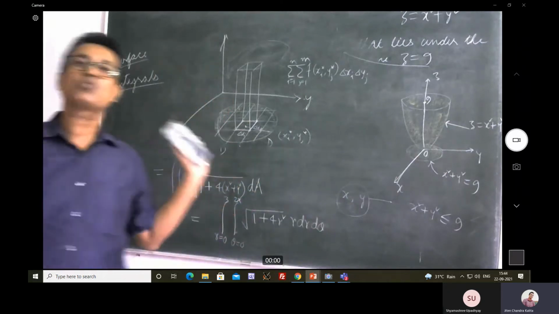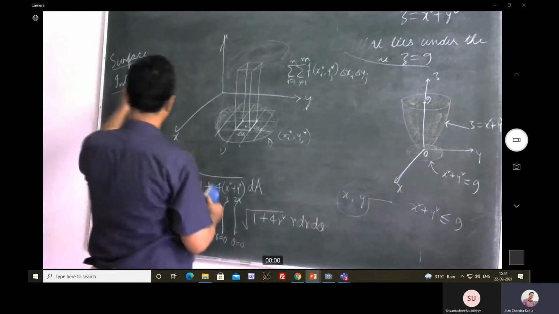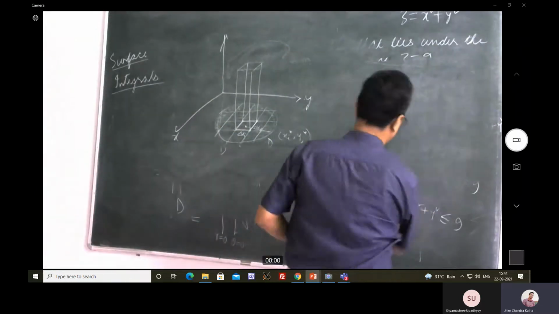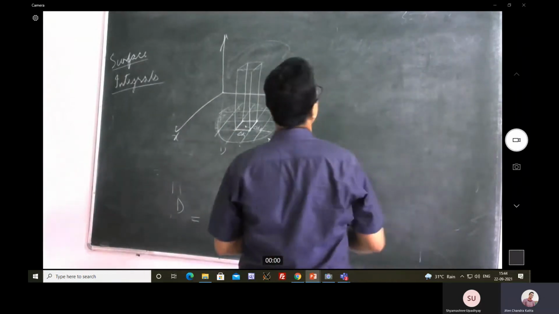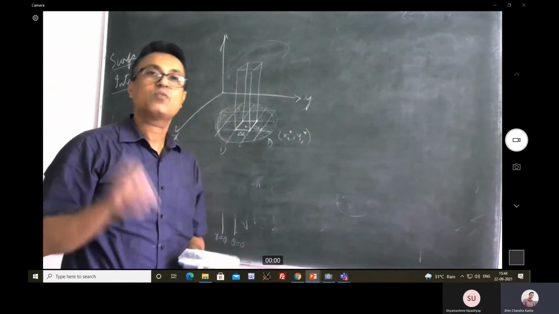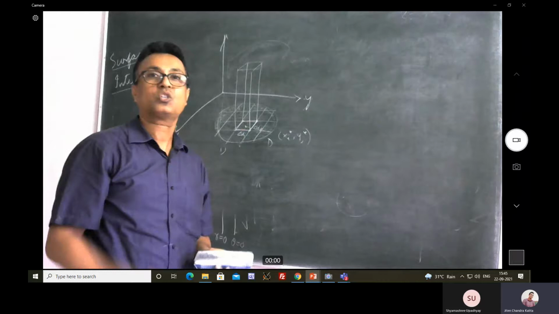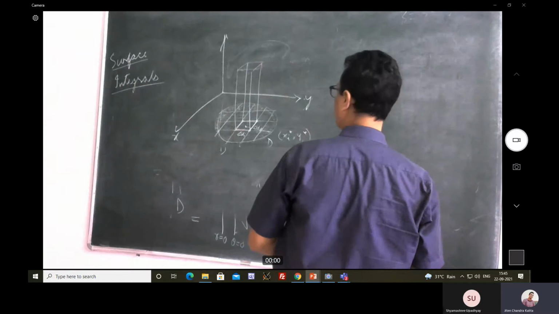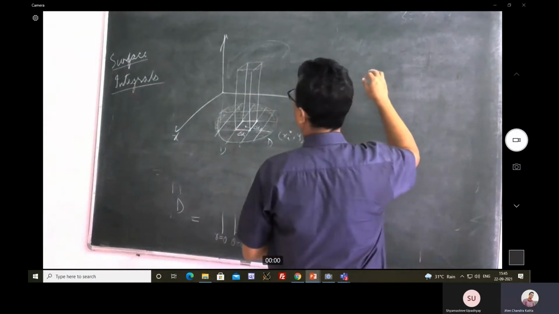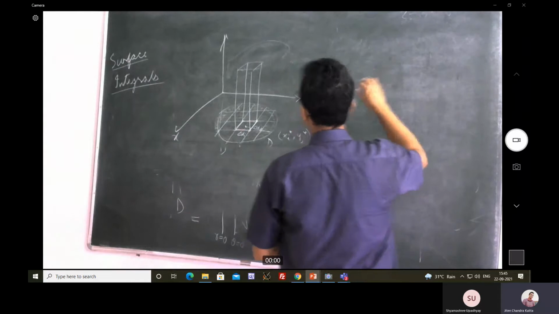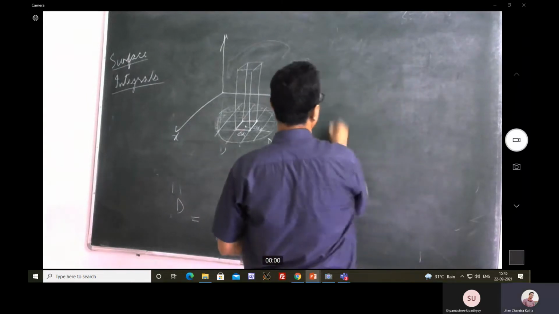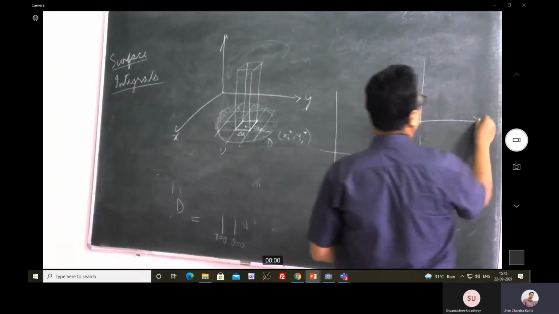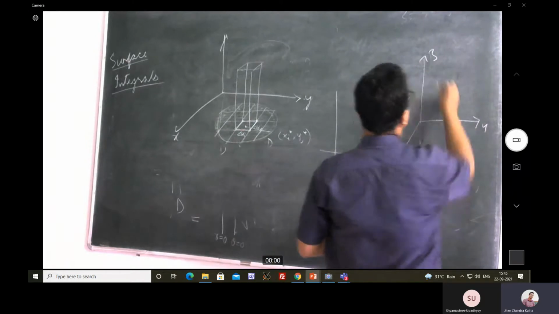So here the concept is going to be the same. The only difference is that whenever we consider a surface integral, if you have to evaluate the surface integral of a function of two variables, then firstly, say suppose this is my surface.